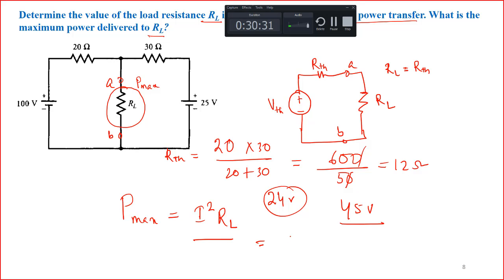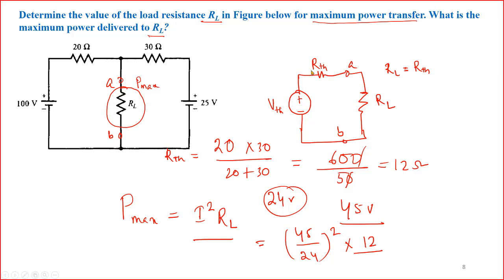So you can write 45 by 24 square into RL. RL is 12. So this is your maximum power transfer to this resistance. Many times we'll also use this maximum power transfer theorem in your machines course. So please be acquainted with this. Okay.